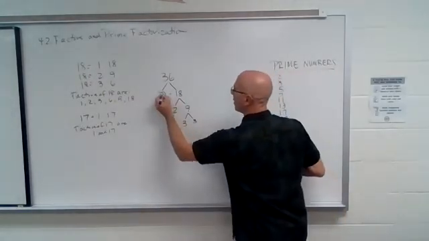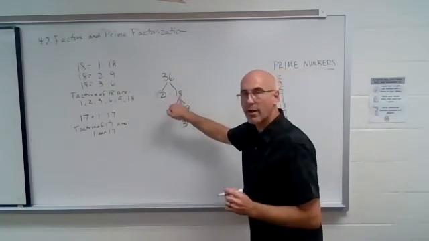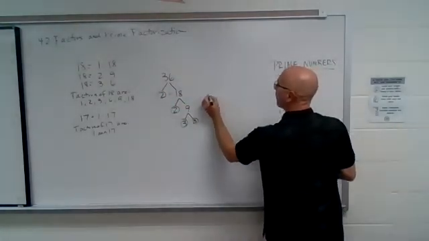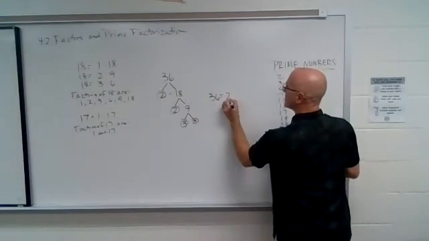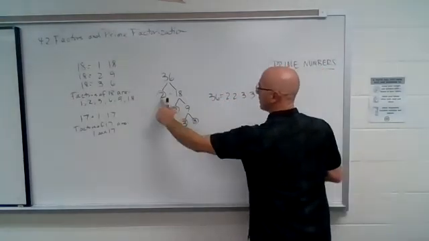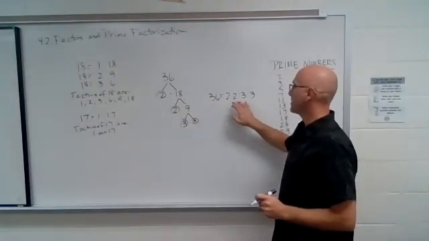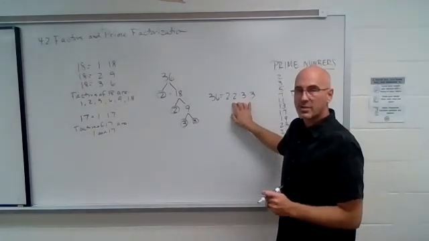So we look at all of our prime numbers at the bottom of each of these little branches. Our prime factorization of 36 is 2 times 2 times 3 times 3. When we multiply all of those together, we get 36.